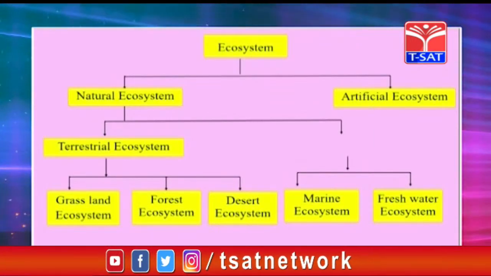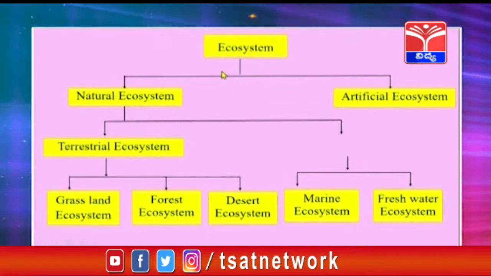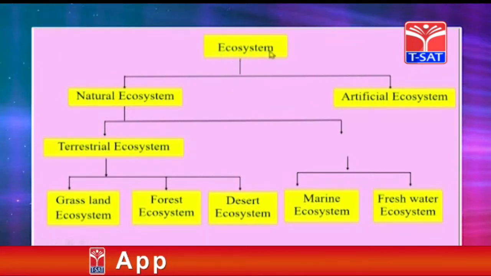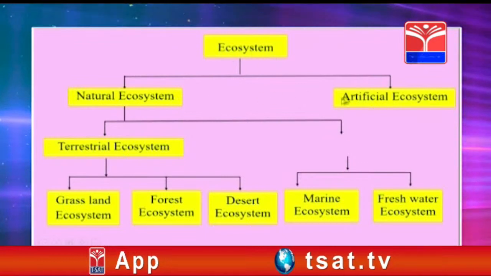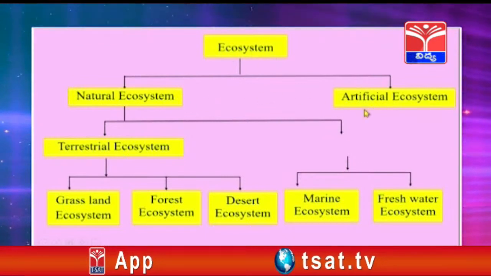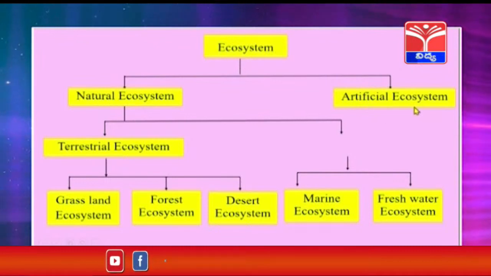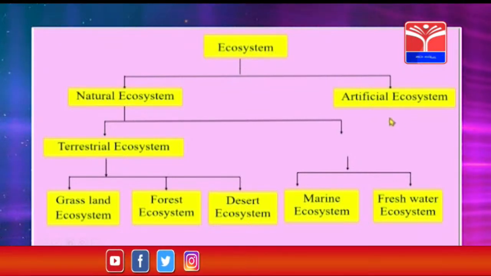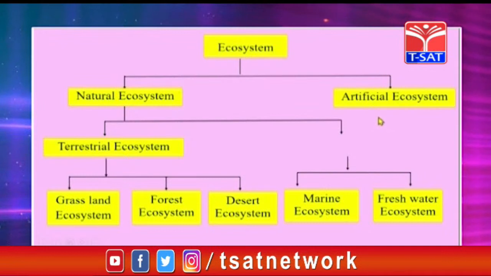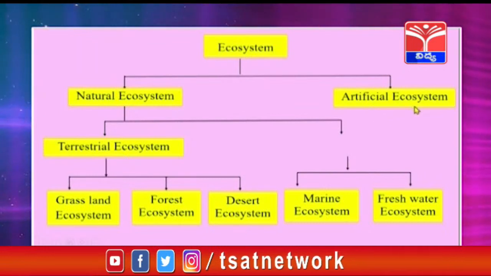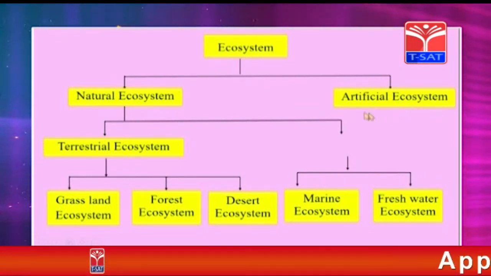So if we look at the classification of an ecosystem, ecosystem is of two types: natural ecosystem and artificial ecosystem. Artificial ecosystem is the ecosystem that is made by man. So a man-made ecosystem is called an artificial ecosystem. For example, a garden.